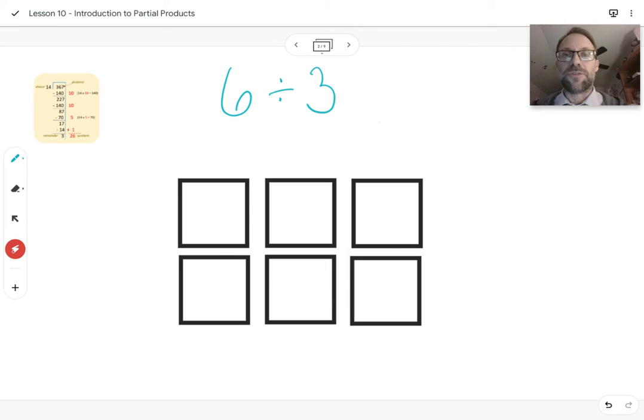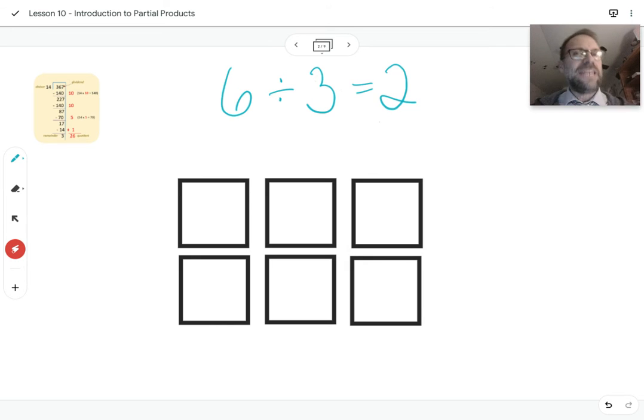This is our divisor, 3. That is how I've been teaching you what division is for the last few days. And hopefully you'd say, oh, wait, 3 groups. That's 1 group, 2 groups, 3 groups. And so the quotient would be 2 because there are 2 squares in each group. I hope that sounds familiar.